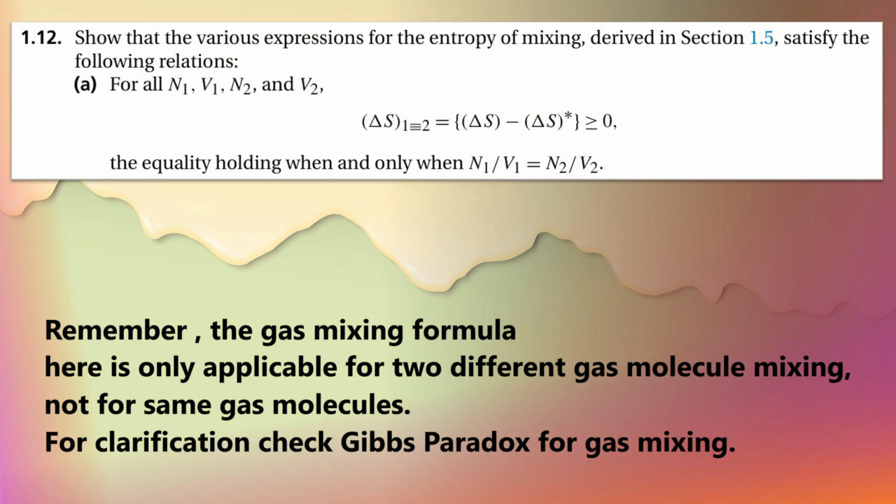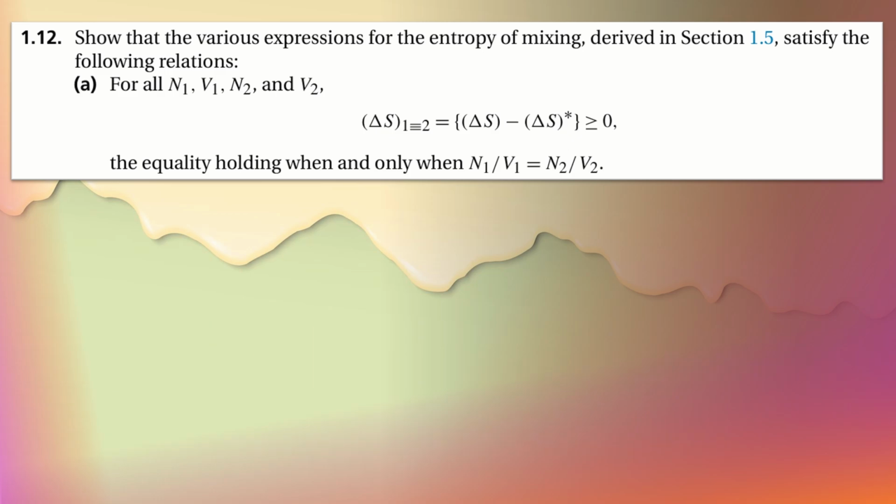That means the entropy of gas mixing will be a positive quantity in general, and when the condition N1 by V1 equal to N2 by V2 is satisfied, it will become 0. So try to prove it. Go.